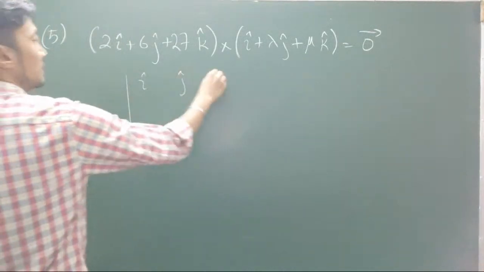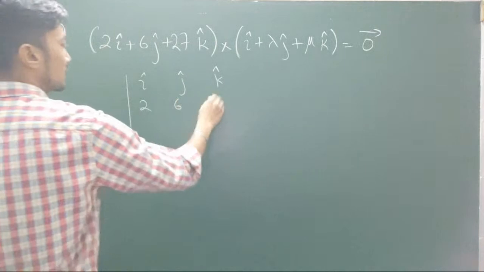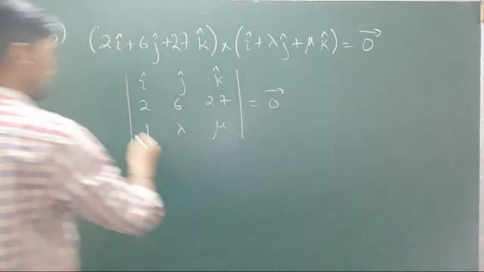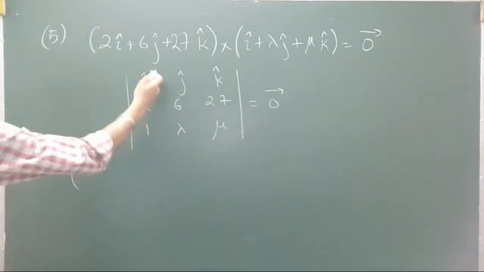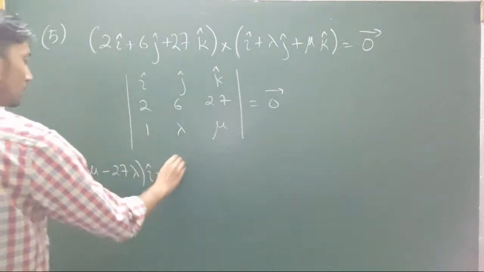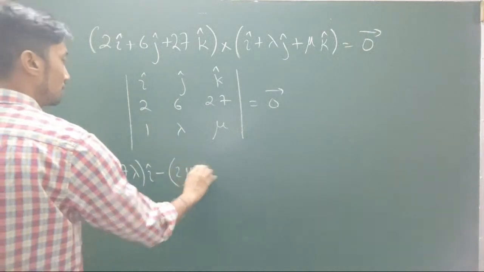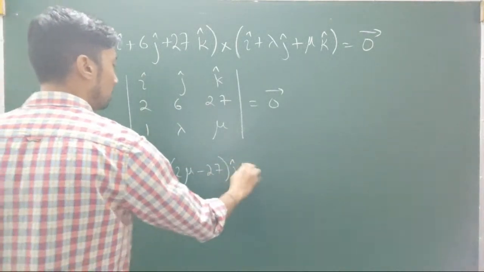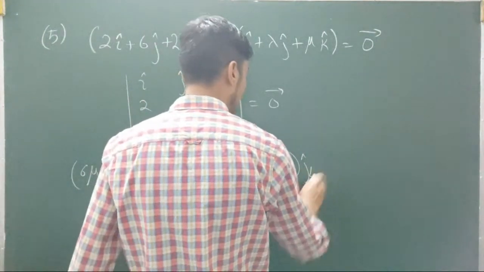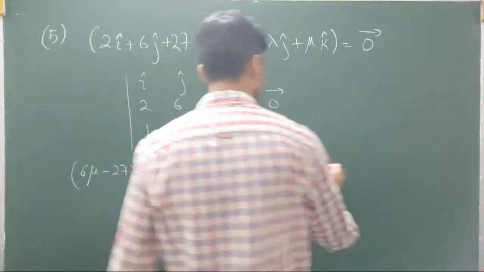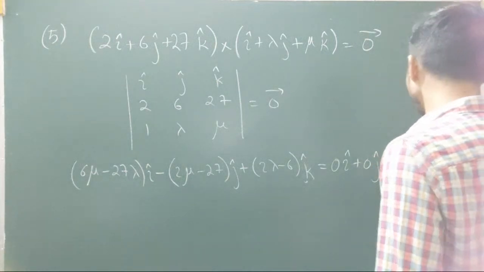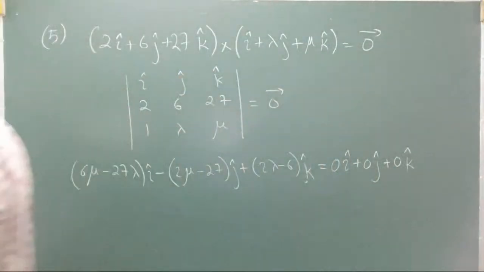As we know, i, j, k; 2, 6, 27; 1, lambda, mu, equals the 0 vector. If you go for the cross product, (6 mu minus 27 lambda) i minus (2 mu minus 27) j plus (2 lambda minus 6) k is equal to the 0 vector, meaning 0 i, 0 j, 0 k, just to compare the coefficients.